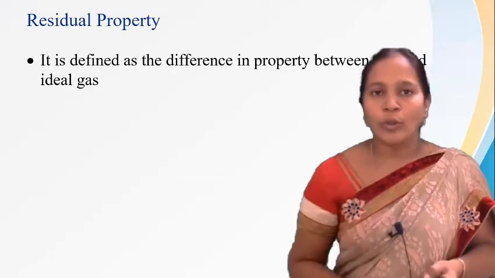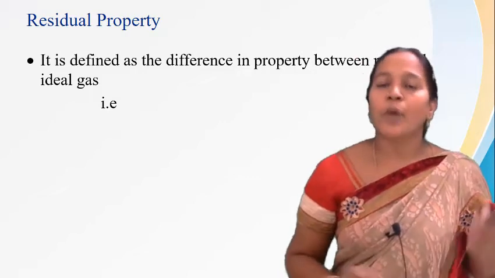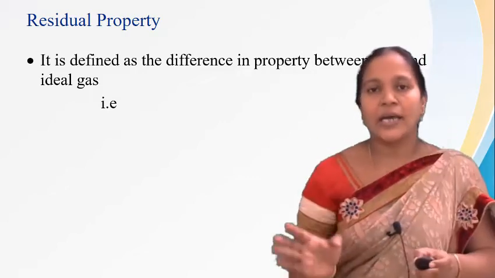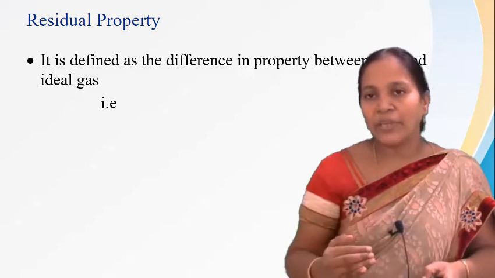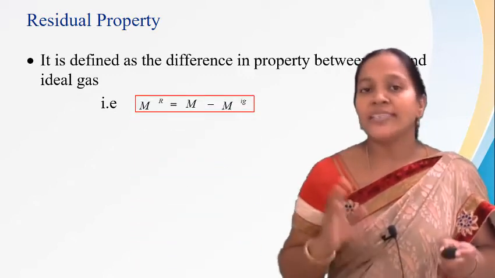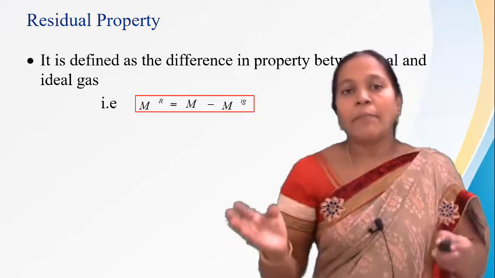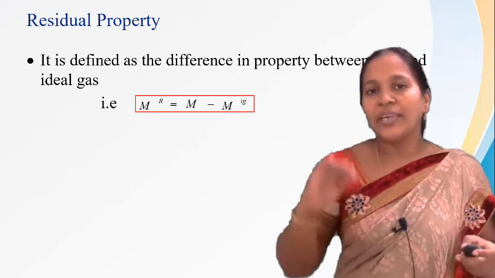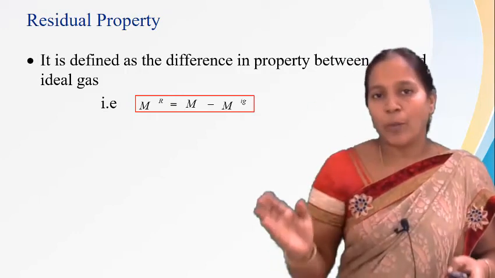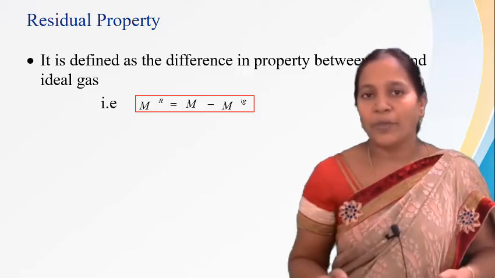Now coming to the residual property definition. A residual property is defined as the difference in property between the real and ideal gas. M^R is equal to M minus M^ig. M^R is the residual property, M is the real property, and M^ig is the ideal property.